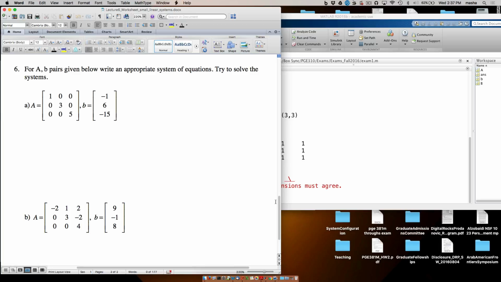It's like multiplying this by... so I've got to multiply to get my linear system. I have to multiply with x.